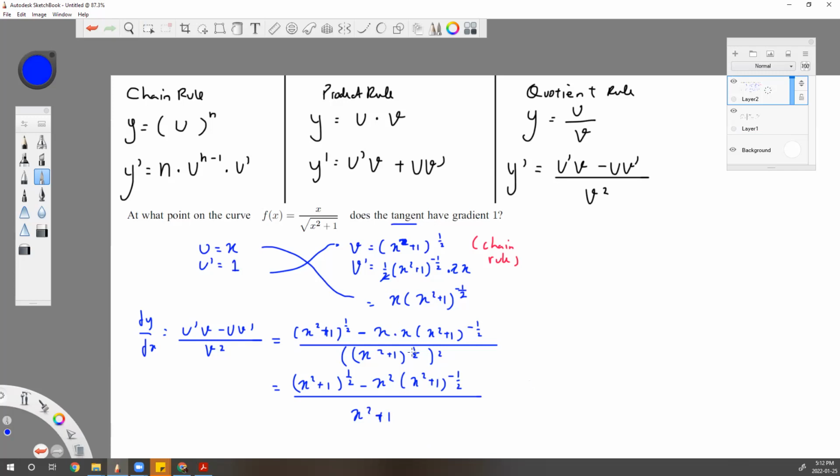Okay, we don't have to put the half because half power 2 means multiplying the power. That's all. And then the question, at what point of the curve does the tangent have gradient 1? You put 1 here. Okay, because the gradient.